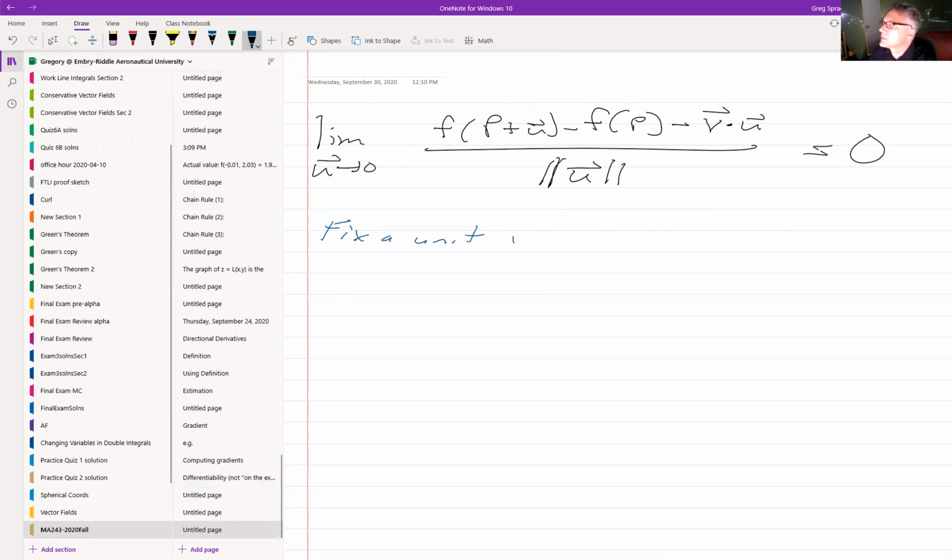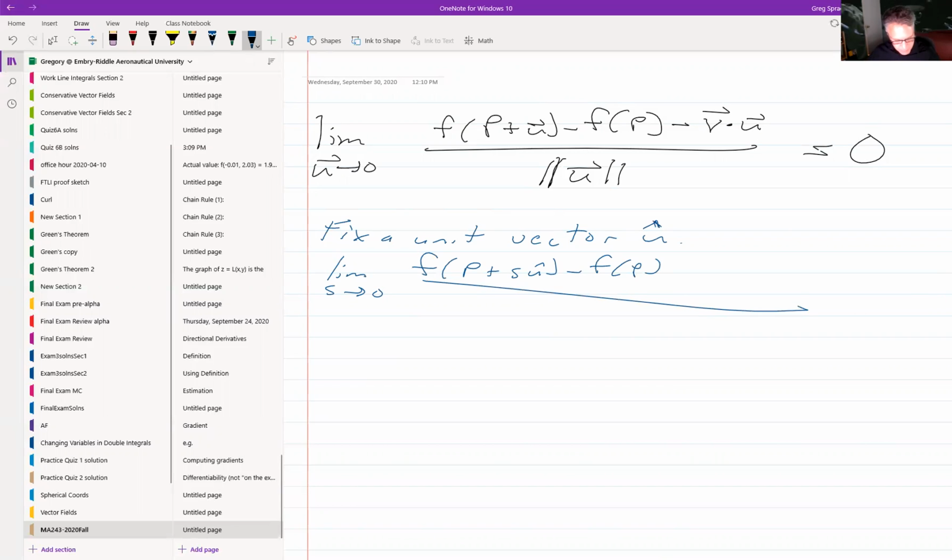So let's fix a unit vector u, which I'll write as u hat to emphasize that it's a unit vector. And so the limit as s goes to 0 of f of p plus s u minus f of p, minus v dot s u, all over the length of s u, equals 0.